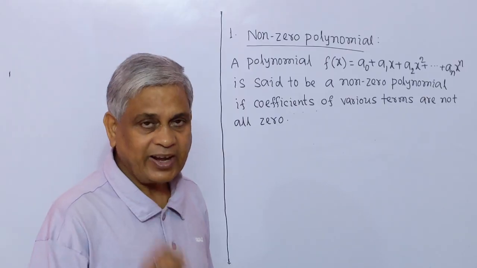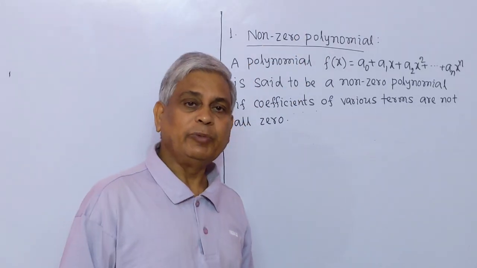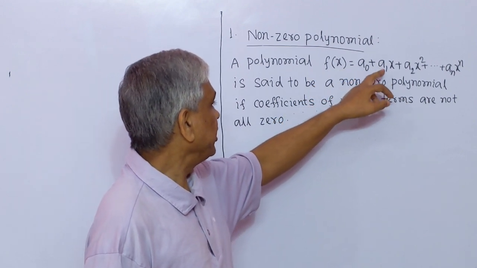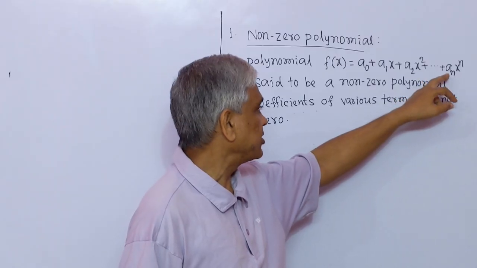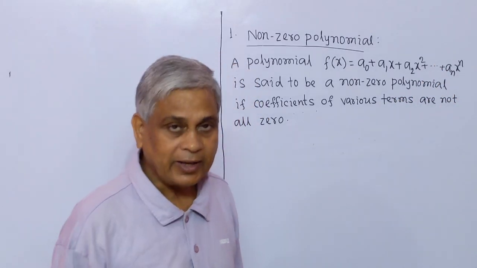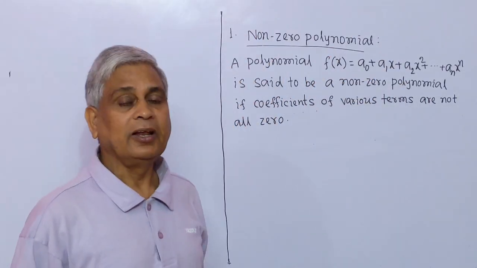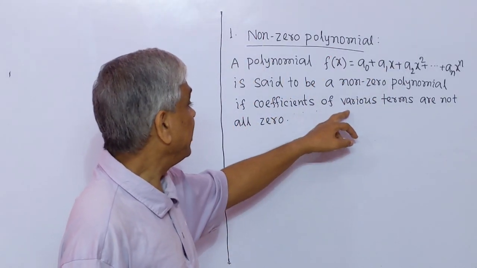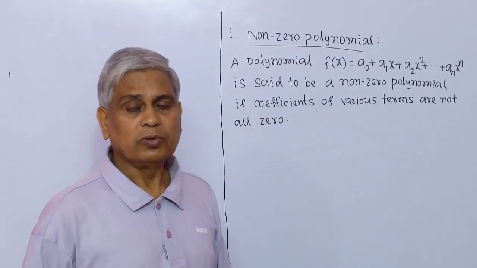Now we define non-zero polynomial. A polynomial f(x) equal to a0 plus a1 x plus a2 x square plus ... plus an x to the power n is said to be a non-zero polynomial if the coefficients of various terms are not all zero.